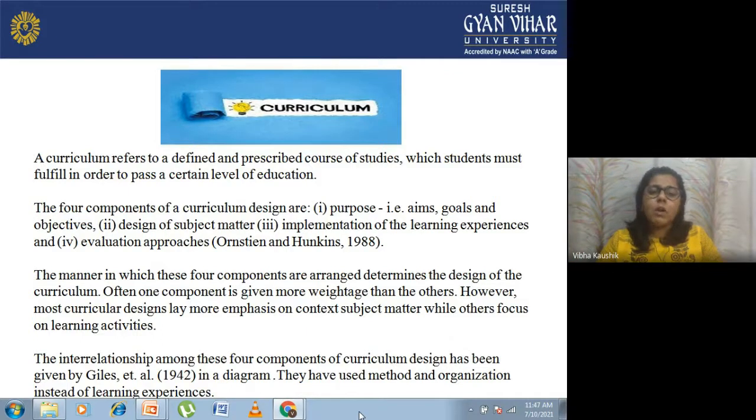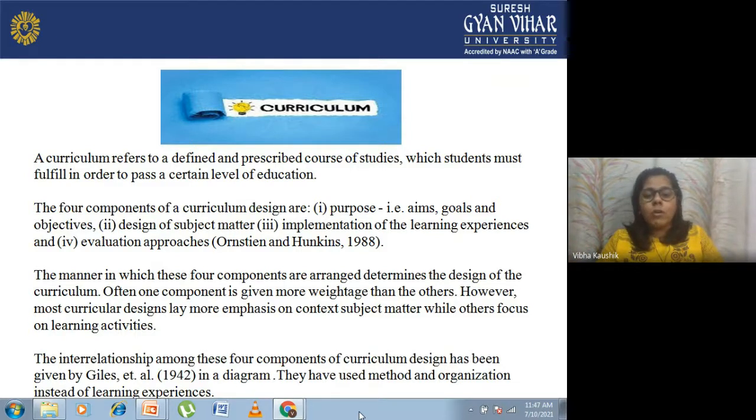Design of subject matter, how the subject matter has been designed. Implementation of the learning experiences, what are the learning experiences which the student will get during the teaching-learning process. Evaluation approaches, what are the different evaluation approaches which will be used by the teacher to judge whether the objectives have been achieved or not.